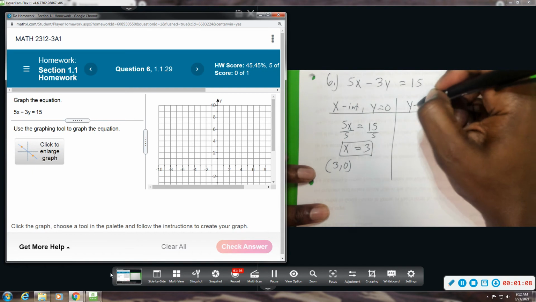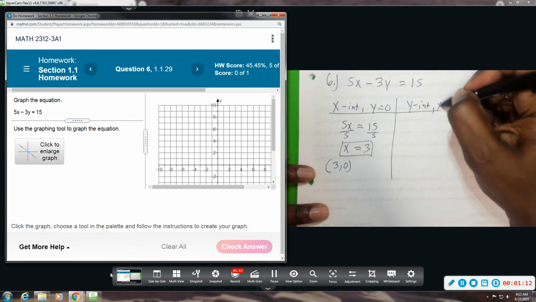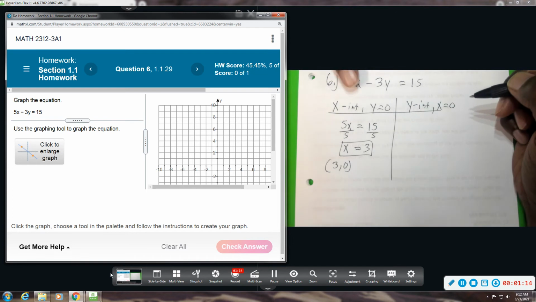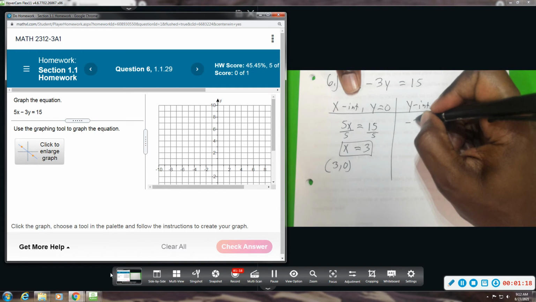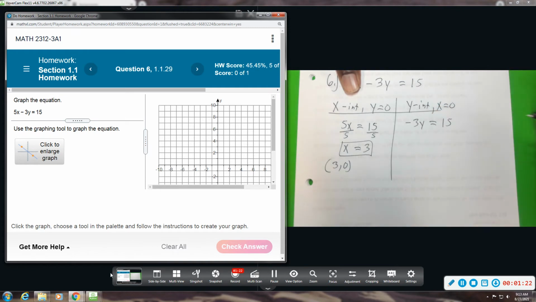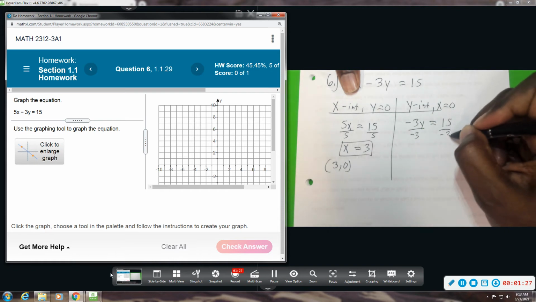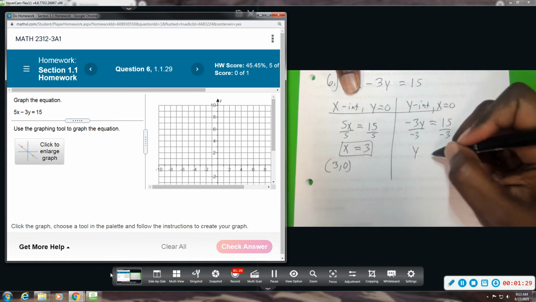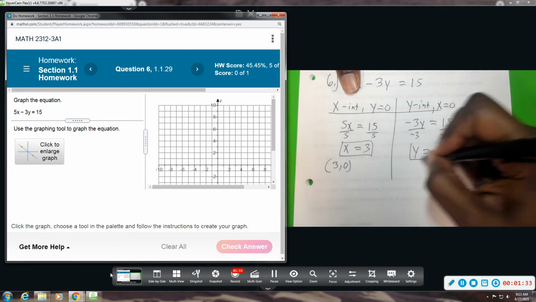All right, now we're going to find the y-intercept. This time, x is 0. So I'm going to get rid of the x term. And this time, we have negative 3y equals 15. We divide by negative 3 on both sides, and we get y equals negative 5.